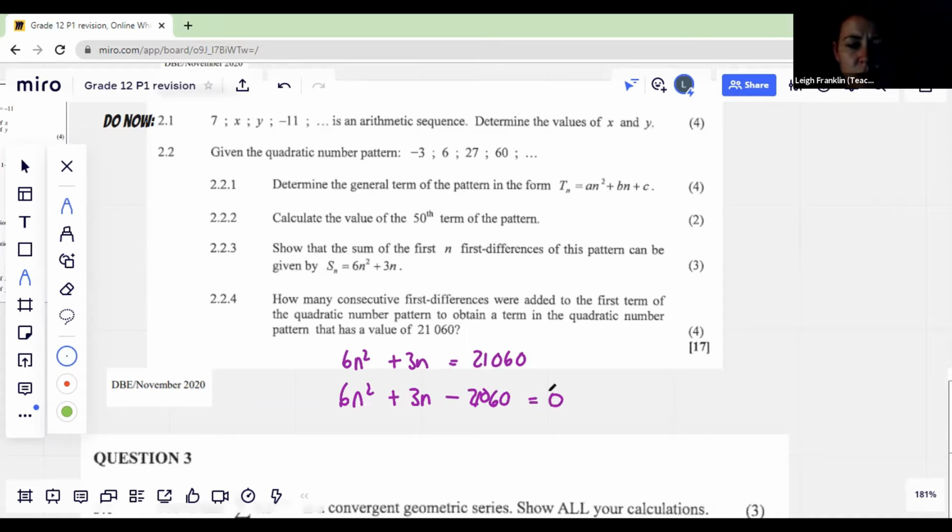Okay, so let's see what you get, Matrix. Do we round off if we get 58.99?